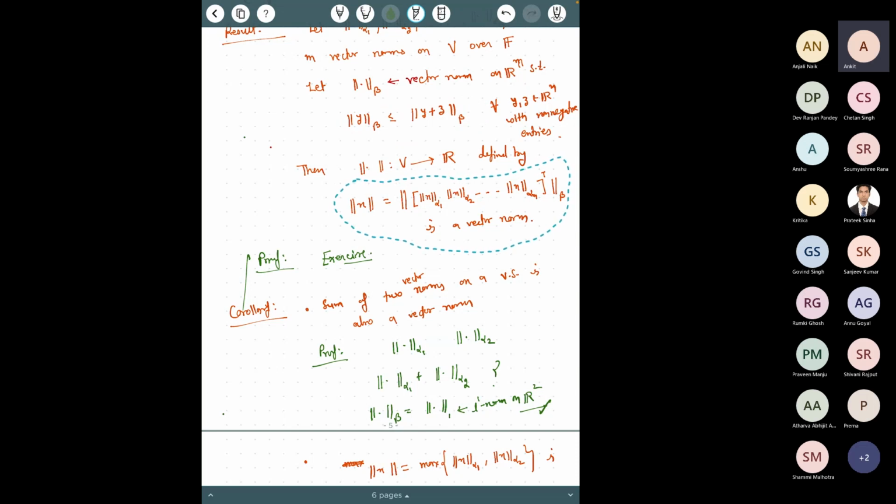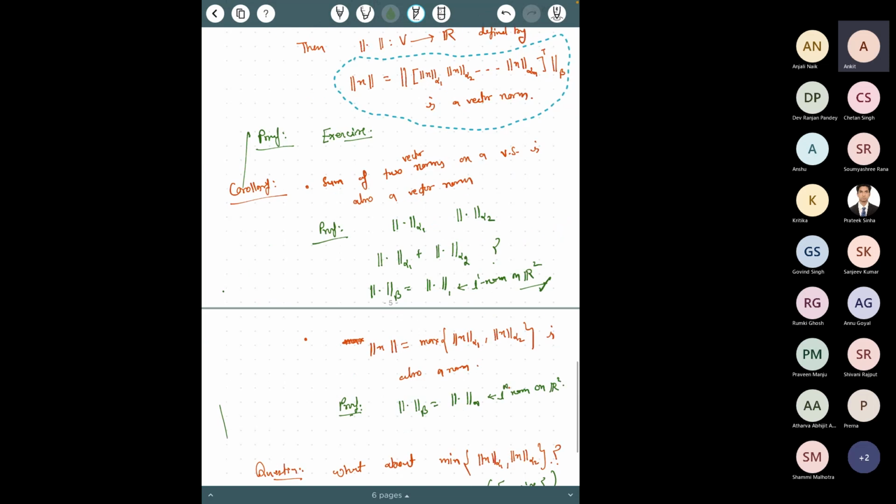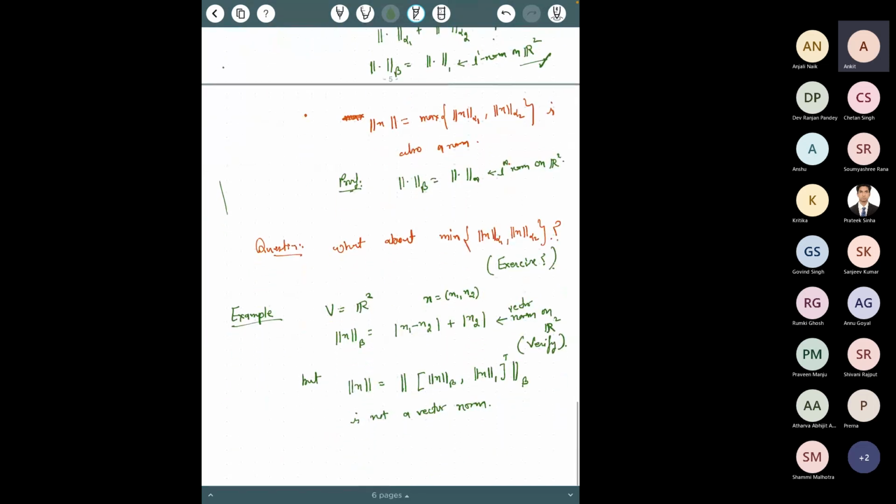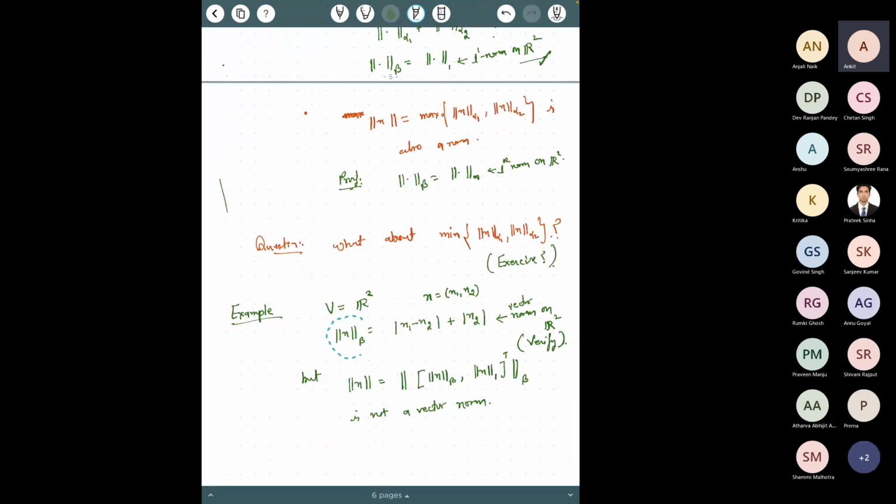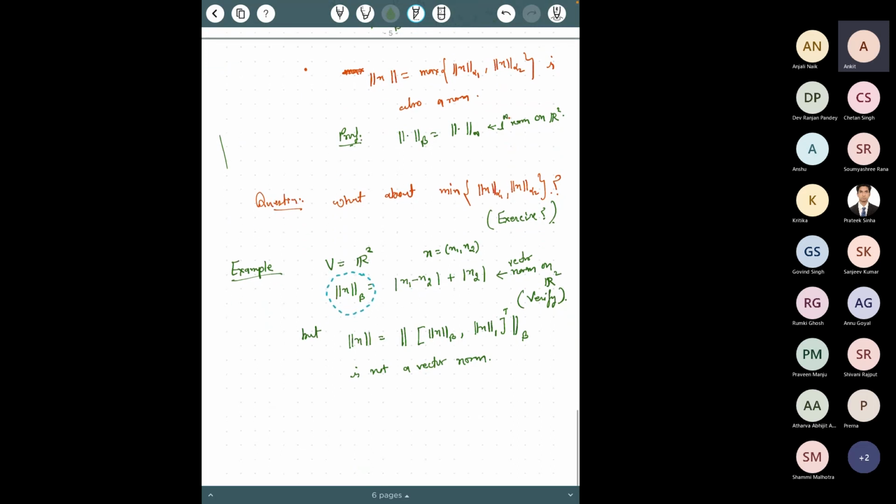And here is an example. In the example I gave you one norm, this one. This norm does not satisfy that monotonicity, which you can check. And therefore if you define the function as it was defined in that result, this function need not be a vector norm.